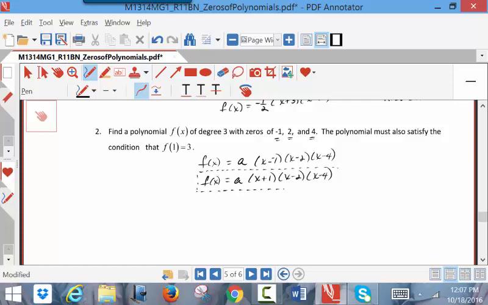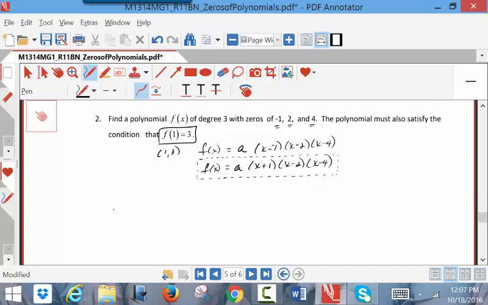And the only way to find that A is if they give me a point, an ordered pair point, to use in this function. So they give it to you, and they're always going to give this to you in function notation. This is the point 1, 3.